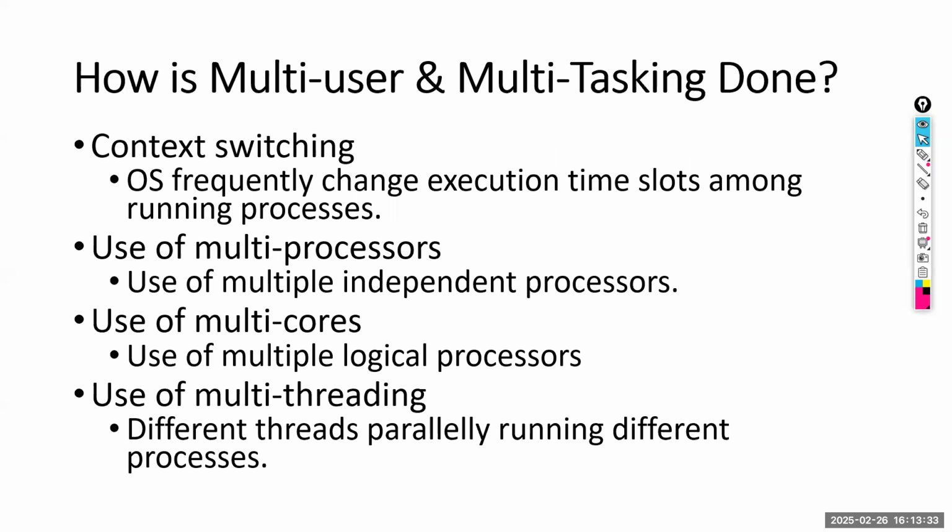Right. So I used the word multi-user multitasking. Remember, we classified operating systems on the very first day: single user single task, single user multitask, then multi-user multitask, and real-time operating system. Modern OSs are pretty much either single user multitask or multi-user multitask, like Windows, Linux, Mac.